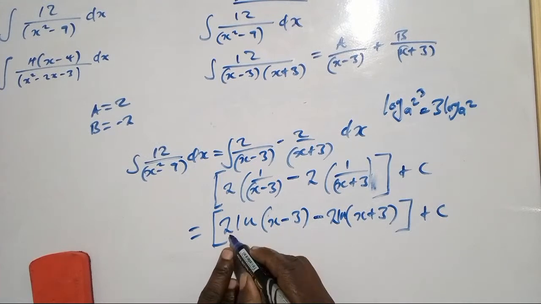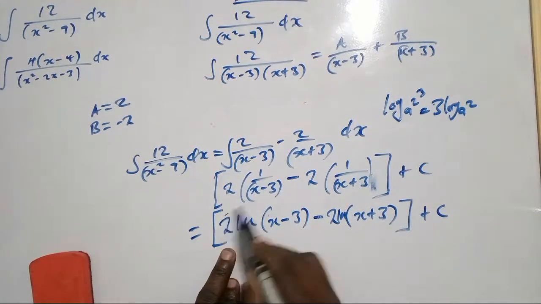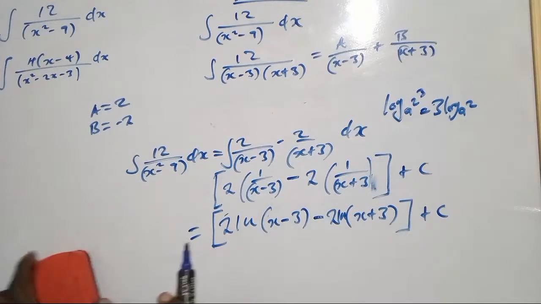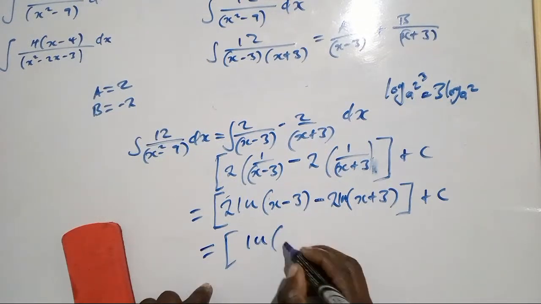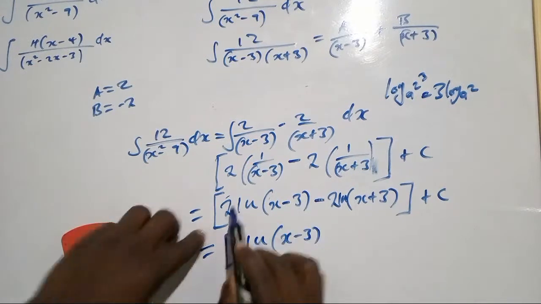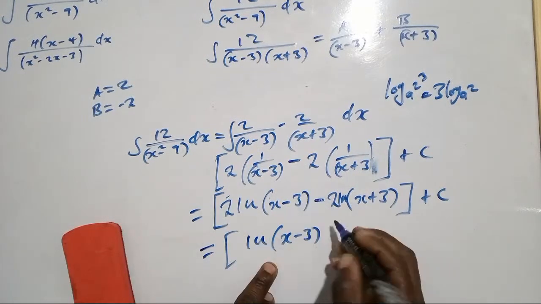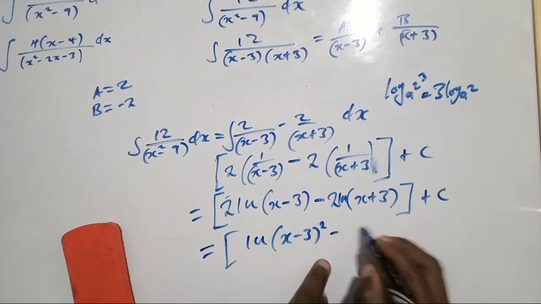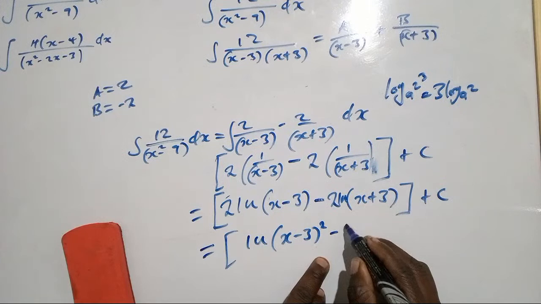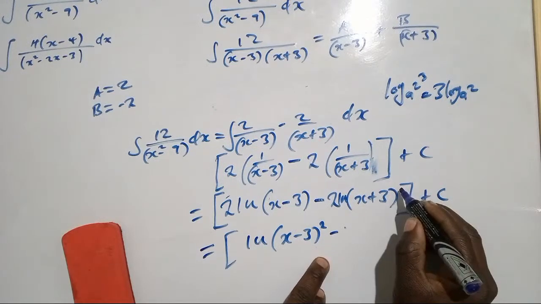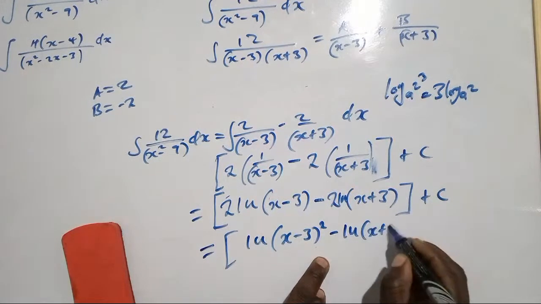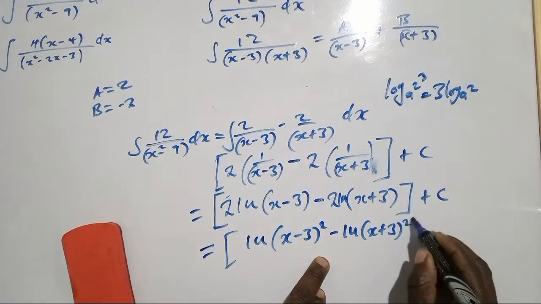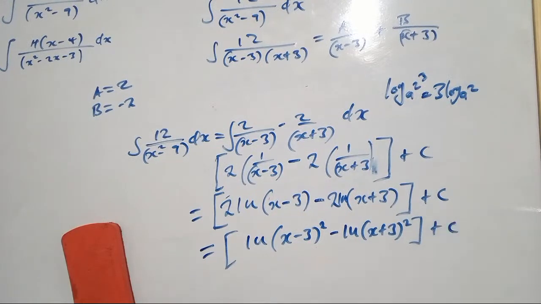Here the power is already dropped, so we are going to take it back here, in which it will be open square bracket ln of x minus 3, then this 2 will come back to be a power 2, minus, and even this 2 will come here to be a power, in which it will be ln of x plus 3 to the power 2, close square bracket, plus c.